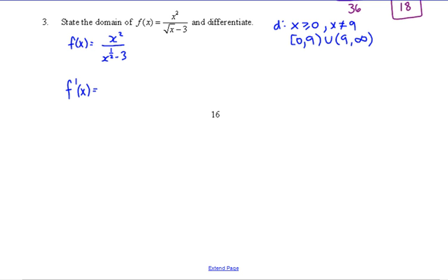Derivative of the top. So what's the derivative of the top? 2x times, no, times derivative of the top times g. So g is root of the top times the bottom.